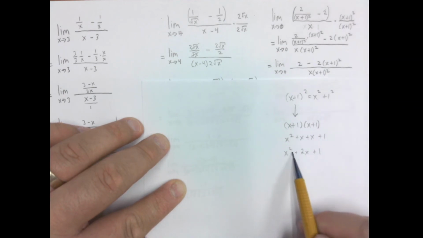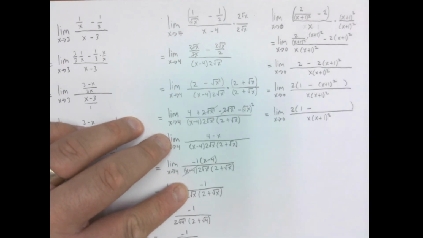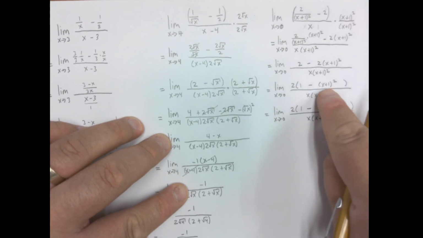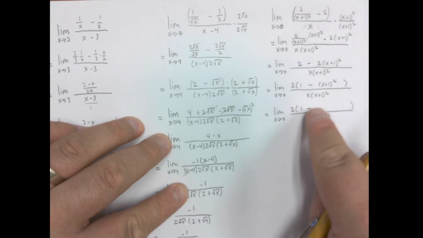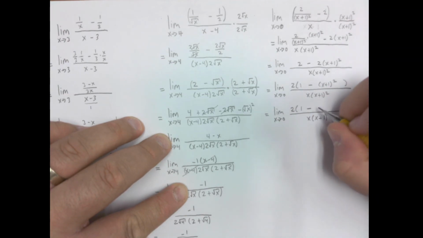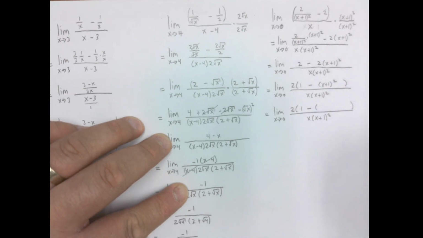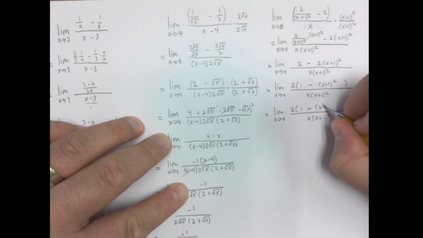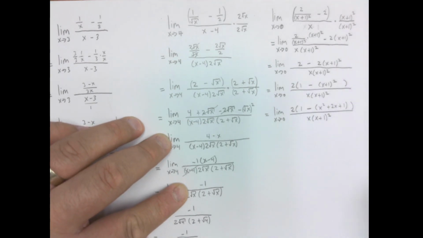And we have to be careful because that subtraction sign applies to that entire expression. So we need to use parentheses here, and that is x squared plus 2x plus 1, like so.